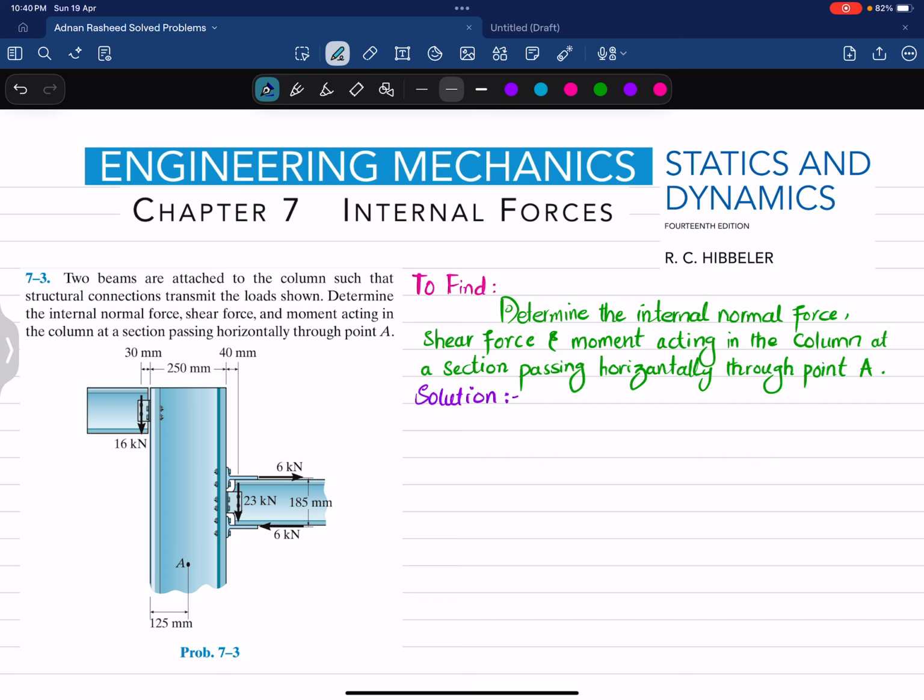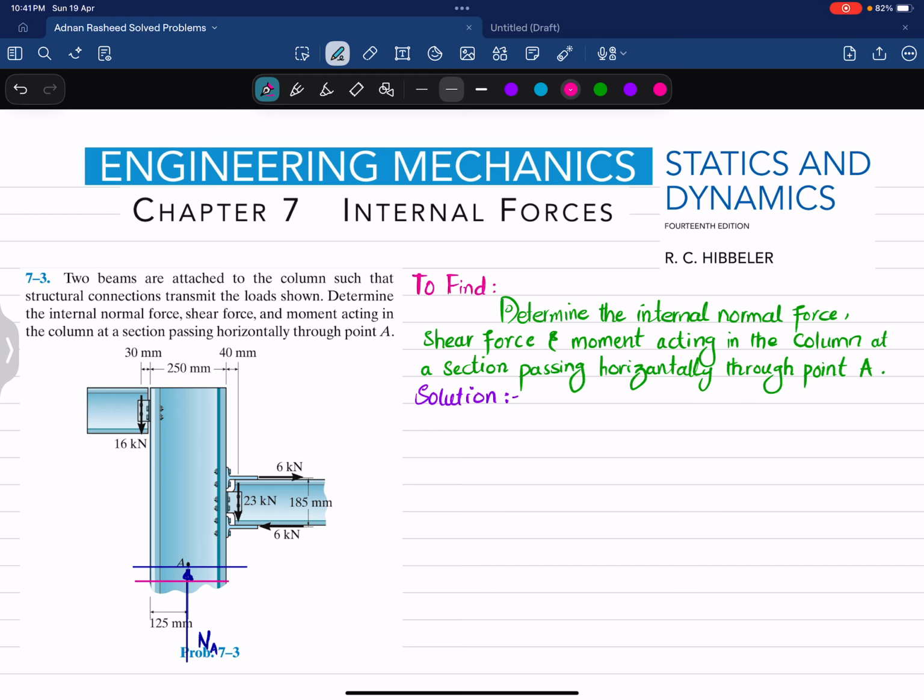As you cut this column at section A, a plane passing through point A horizontally, at this point A you will have a normal axial load which will be represented as NA. Along with that you will have a shear force which will act horizontally, like this.